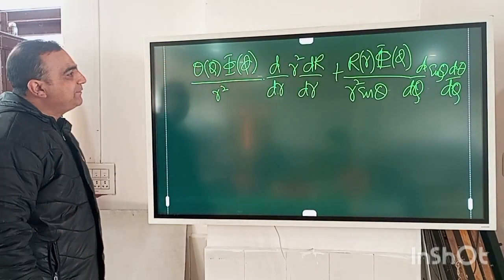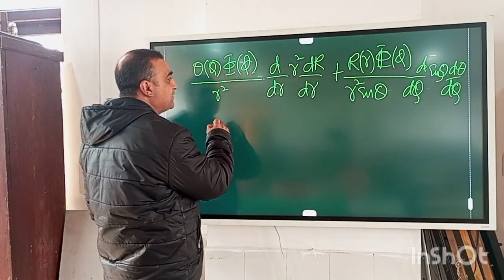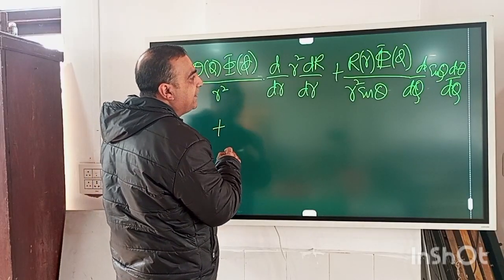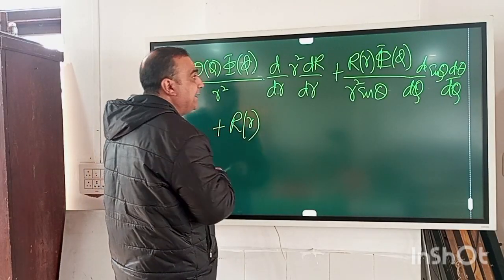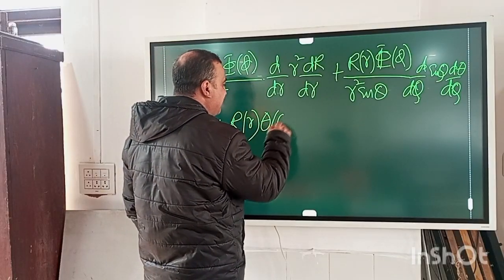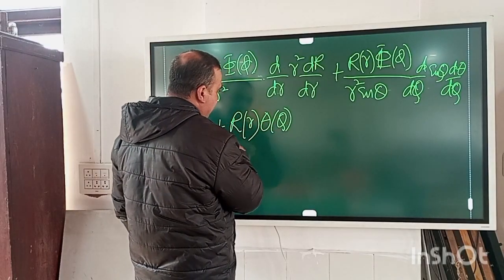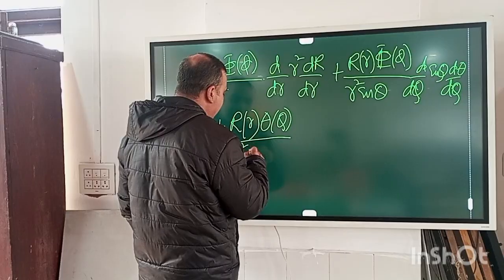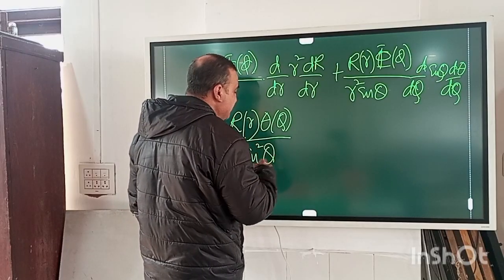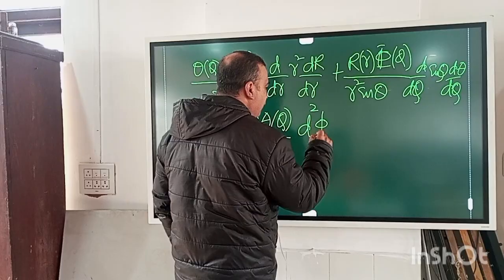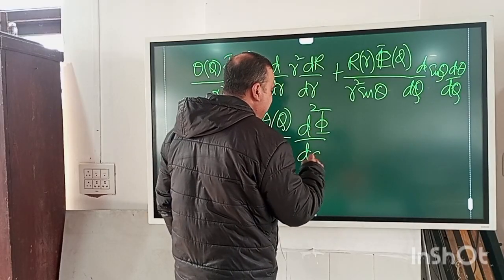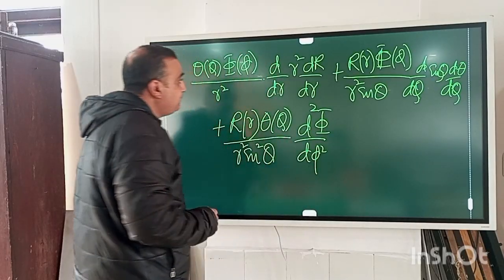And this is the second term. Then the third term I'll have is plus, in case of phi, R of r will be out, and Theta of theta will be out. In the denominator you have r squared sine squared theta, and then here directly you will have d²Φ/dφ².